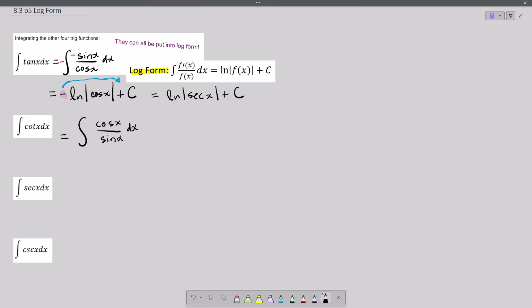So derivative of sine is cosine, so it's in log form. So this automatically becomes natural log of absolute value of sine x. So it's instantaneous. All right, so there's tan and cotan. Those are the easy two. Now the hard two.